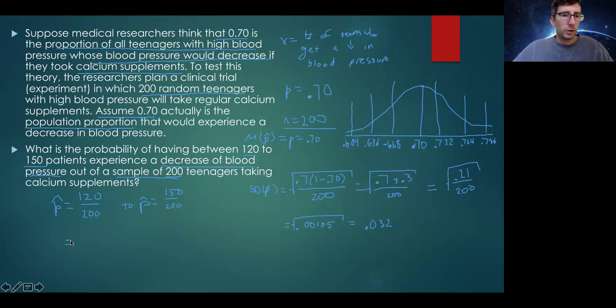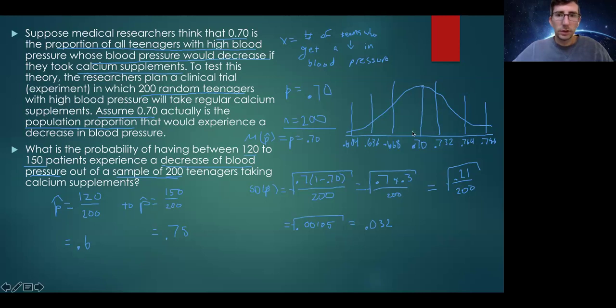So if we just find the actual decimal values, 120 divided by 200 gives us 0.6, and 150 divided by 200 gives us 0.75. Great, so these are the proportions that we're looking for. It's the interval of proportions from 0.60 to 0.75.